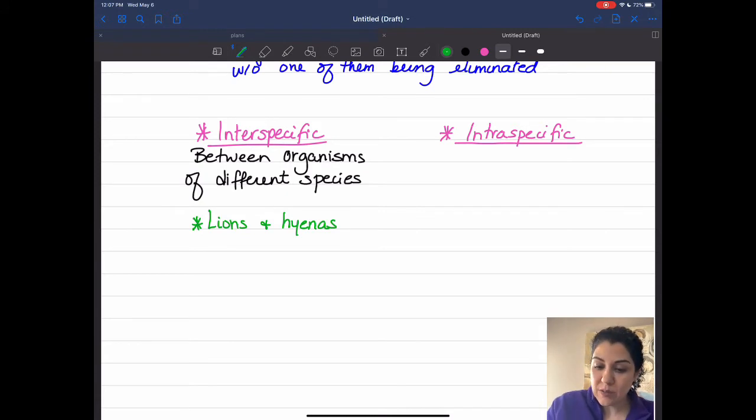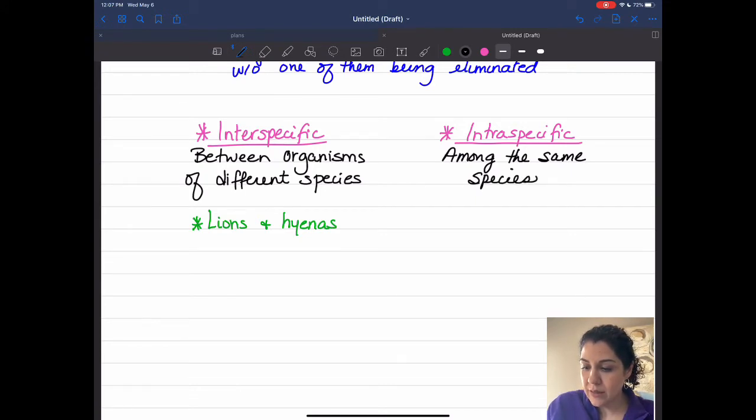And intraspecific, this is among the same species. And the reason why I like to use these terms is because I like to think of between, inter, there's an E there, and then among, there is intra over there.